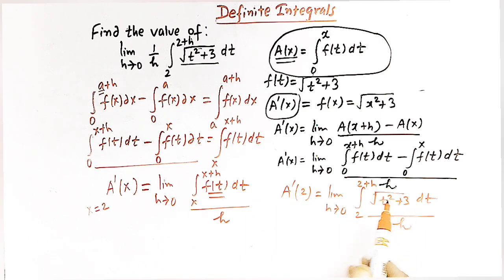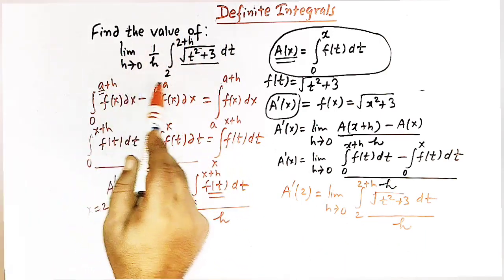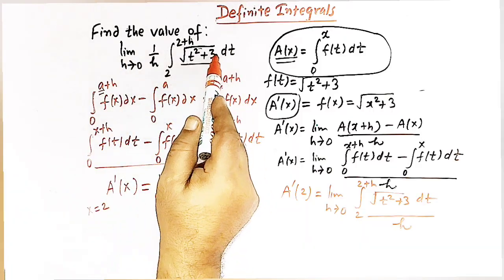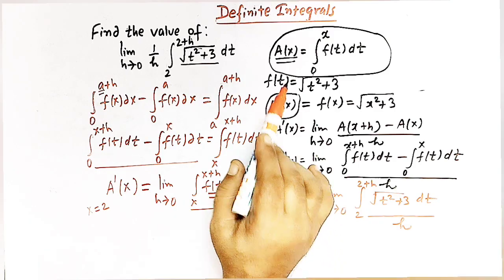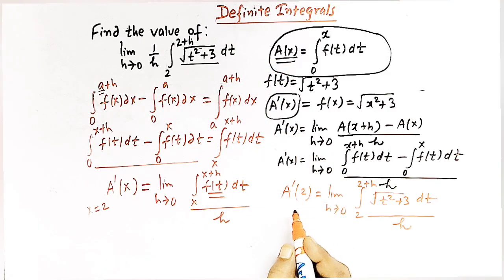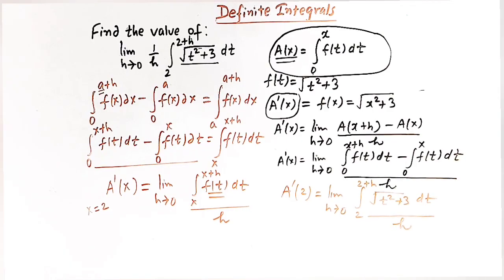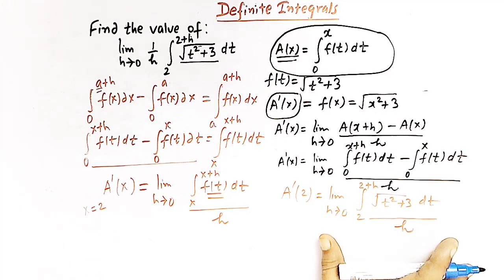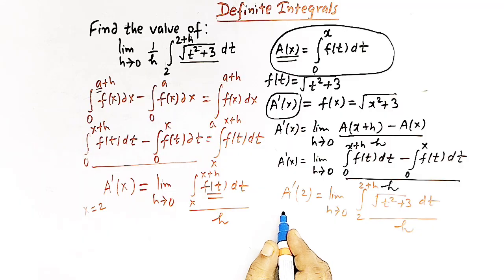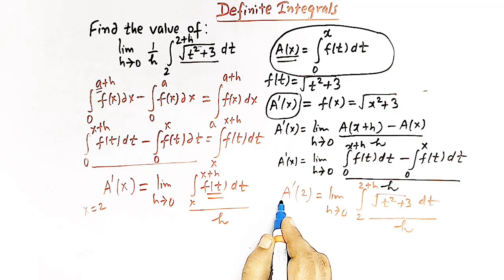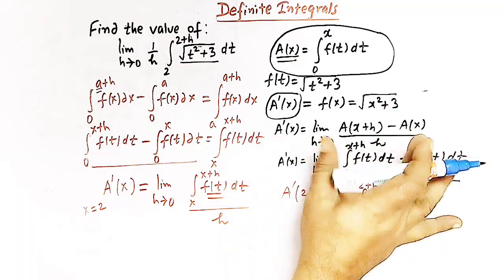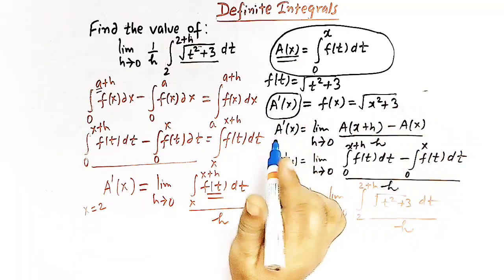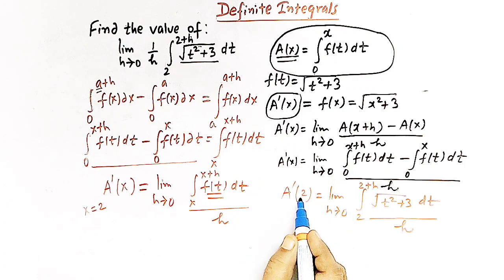So we have arrived at this conclusion that this limit is equal to the value of the derivative of A of x at x equal to 2. So now the value of this limit is equal to the value of A prime of 2, and A prime of 2 can be obtained from this result, that is replacing x by 2.